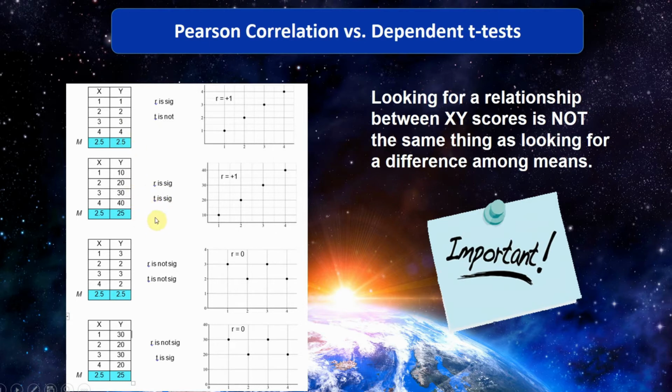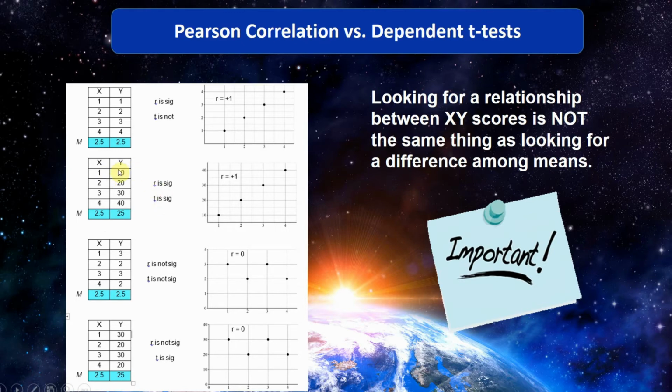Here's another possibility. Here we have variable X, variable Y, or this could be level 1, level 2. If we consider this to be level 1 and 2 and look at their means, now we see a striking difference between the means, 2.5 versus 25. So that opens up the possibility that we will get a significant t-test with means being different. Okay, so that's a possibility.